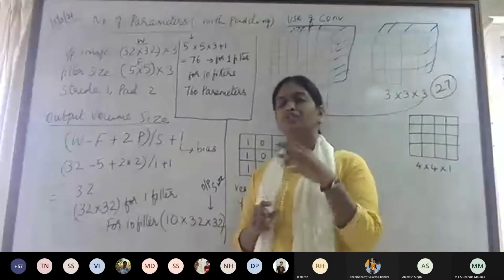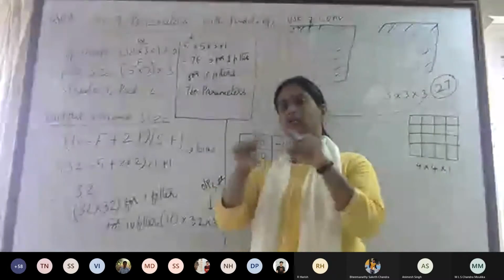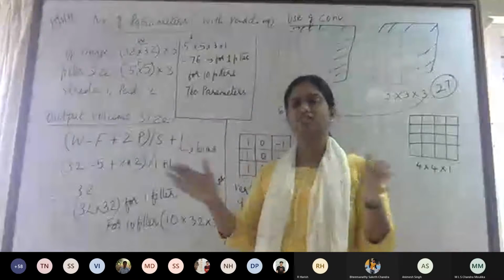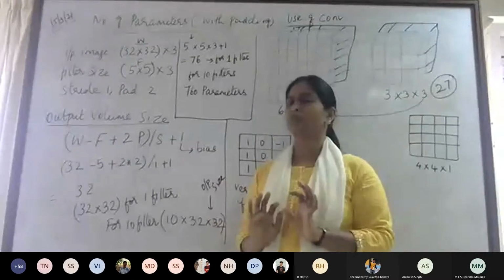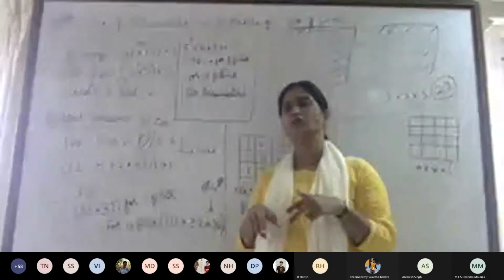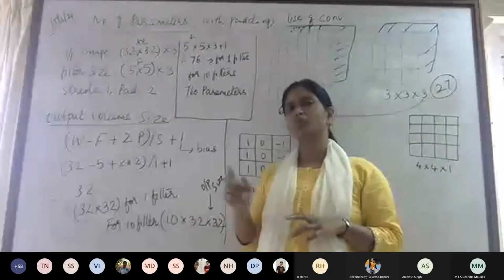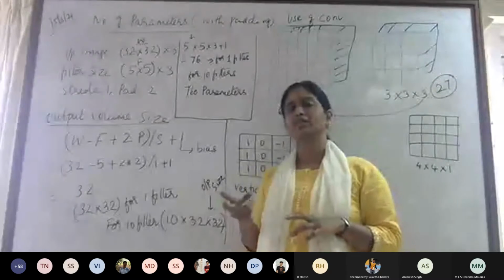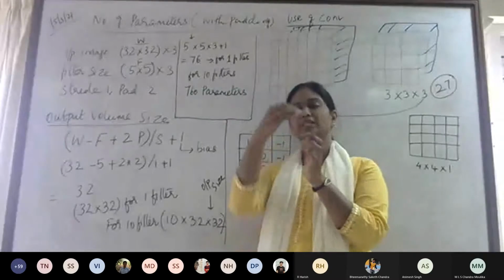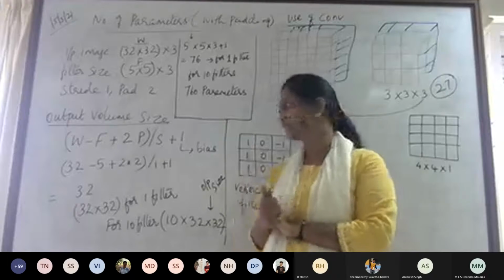If you are using 3x3, then one boundary, one layer in all the 4 dimensions will be removed from your output. If you are using 5x5, then 2 rows, 2 columns on all the 4 sides will be removed. So if it is a 7x7 image, you can keep your center pixel only after 2 rows, 2 columns. That we have discussed in detail.